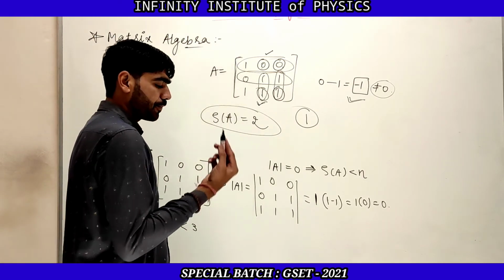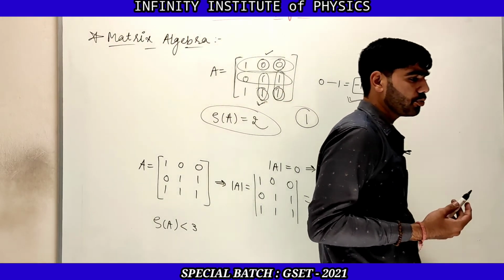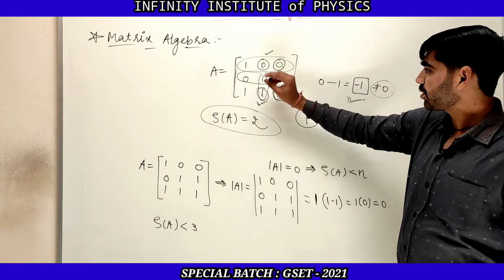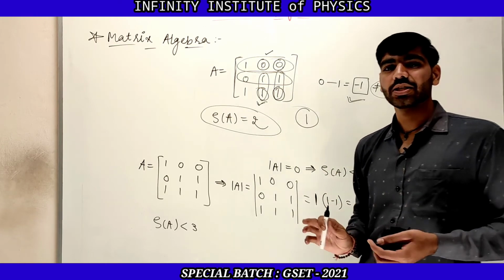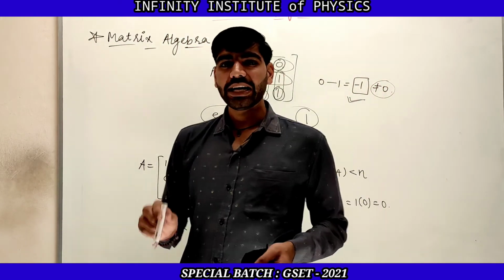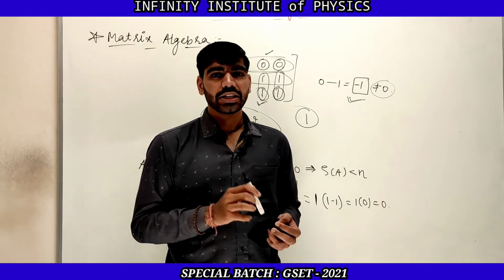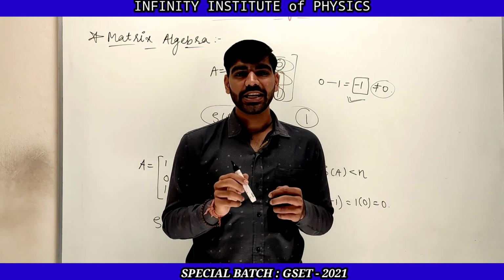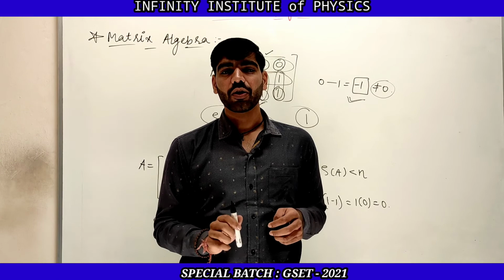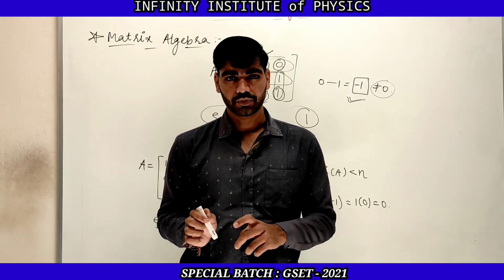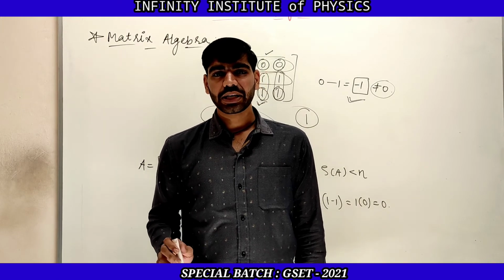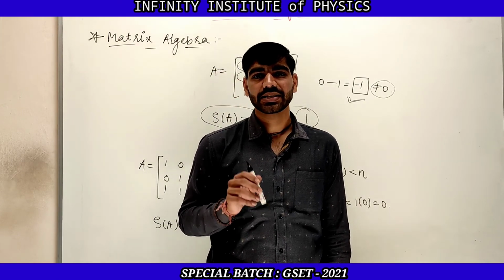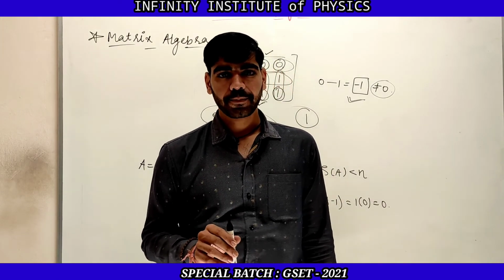And suppose again you get that the determinant of every 2 by 2 matrix is 0, then the last rank by default will be 1, because rank will be at least 1 for any matrix except the 0 matrix, because the 0 matrix has rank 0, but other than the 0 matrix every matrix has rank at least 1.